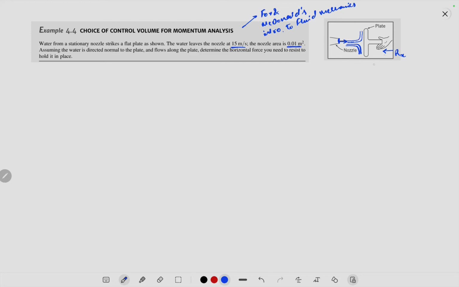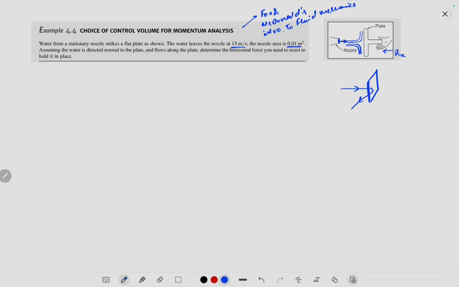First of all, let's understand why we have to provide some force to keep it stationary. If you have a plate like this and some fluid which is going like this and reflecting at some angle like this, there will be a change of momentum of this fluid, correct?